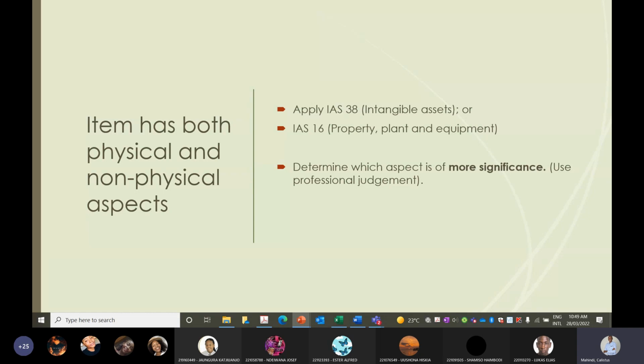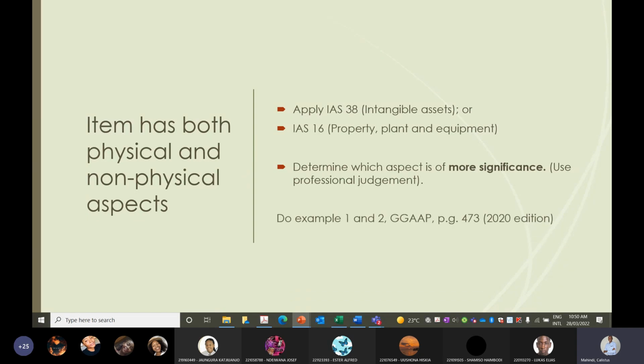So you have to determine which aspect is of more significance. If the PPE aspect is more significant than the actual, let us say, software, then you will treat that asset as PPE under IAS 16 and not under IAS 38. We'll deal with an example to illustrate this concept.